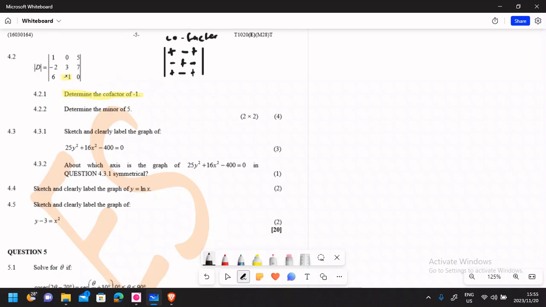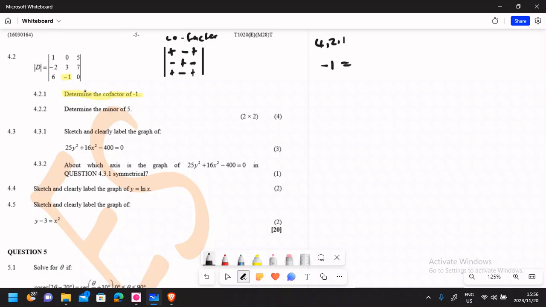We're going to use this -1 as a minor, but this time around, remember, guys, we don't multiply it there just like we did with the determinant. Here's what I am talking about. So the cofactor of -1, you can write here. Even if you don't write it, we know that this is what you are looking for. -1 is equal to.